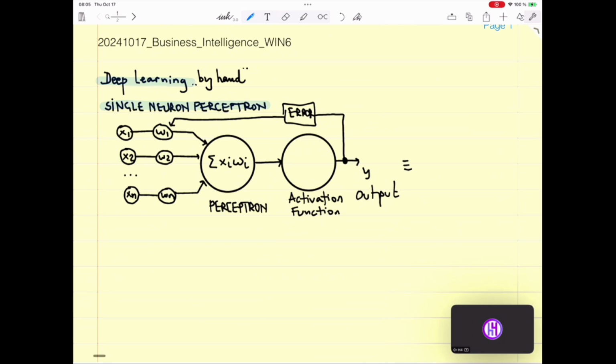Let me put it again in a different way. So we have a vector of inputs. We have a vector of weights. We have our neuron. We have our activation function.